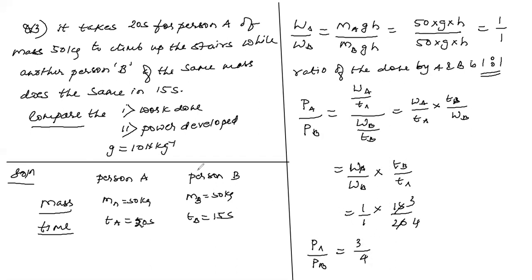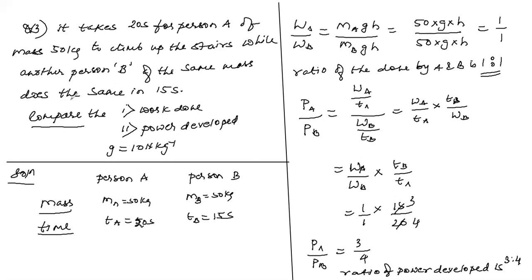So the ratio of the power developed is 3:4. Got it? Ratio of the power developed is 3:4.